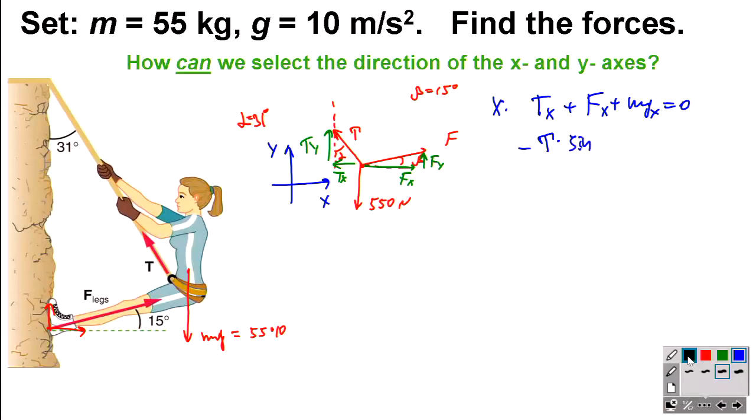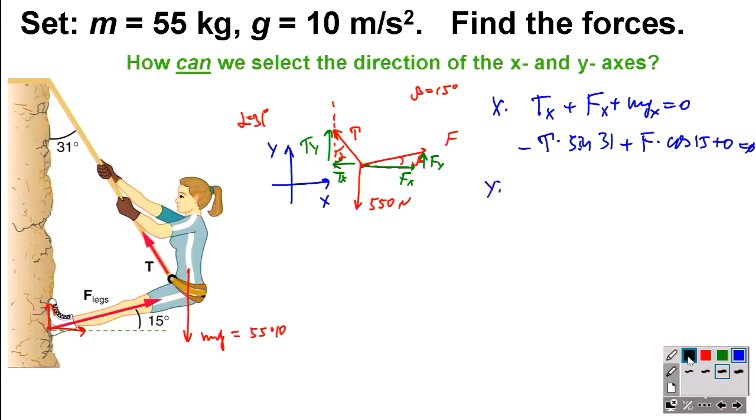So the function depends on the actual triangle and actual angles given to us. Minus T times sine of 31, plus the second component, which is positive, equals the magnitude, which is the hypotenuse, times cosine of 15, plus 0 because weight has no component relative to the x-axis, equals 0.